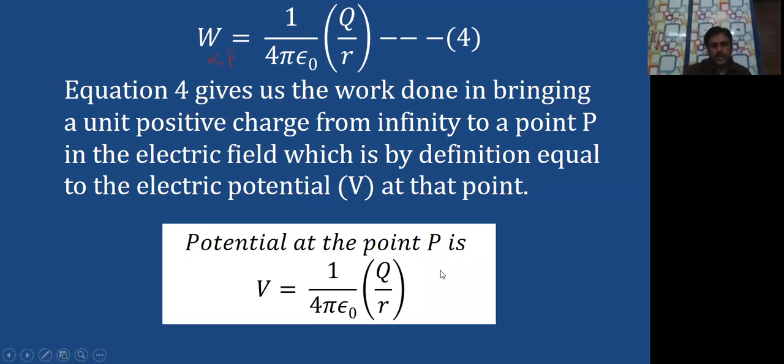So this is the final expression for potential, children, in terms of the distance. In the earlier expression for potential, we were not having distance. It was in terms of the work done. But now you see this expression, it is in terms of the distance. Yes or not? So now we are having two expressions for the potential, one in terms of the work done, one in terms of the distance.